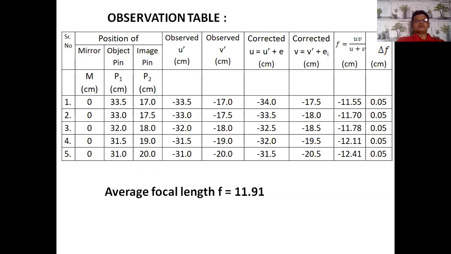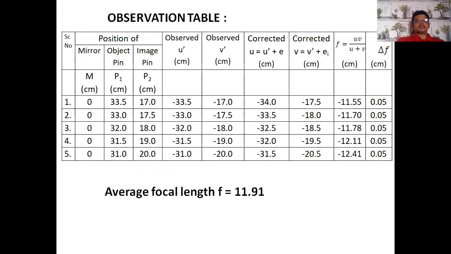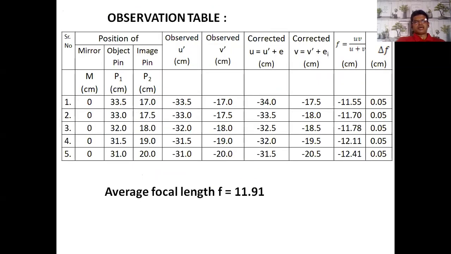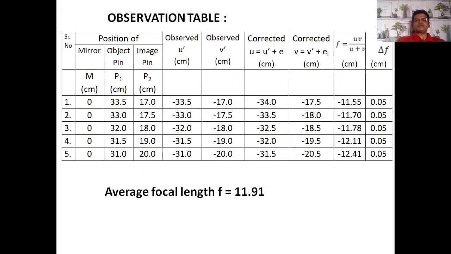Now the third one: 32.5 and 18.5. So we got the answer 11.78. Now the fourth one: 32 and 19.5. So we got the answer minus 12.11. And the fifth: minus 31.5 and minus 20.5. So we got the answer minus 12.41.